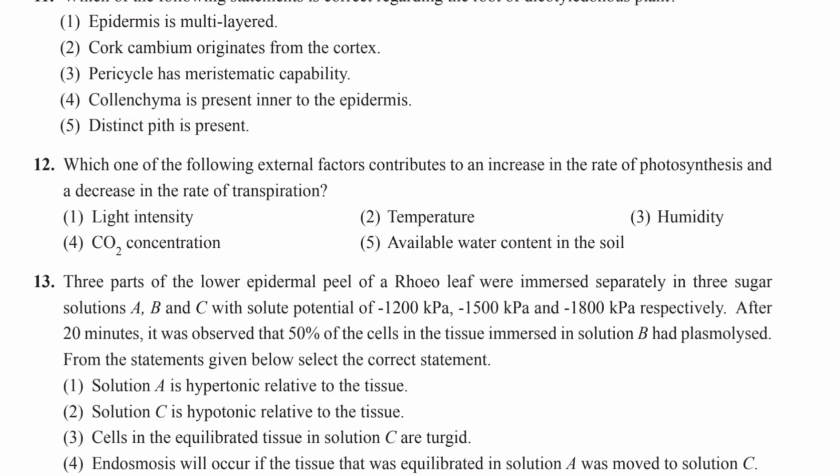Now here they are asking the external factor which contribute to an increase in rate of photosynthesis and decrease in rate of transpiration. Light intensity, when the light intensity increases, what happens? The rate of transpiration increases. But here they're asking the decrease, right? Temperature, when the temperature increases, rate of transpiration increases.